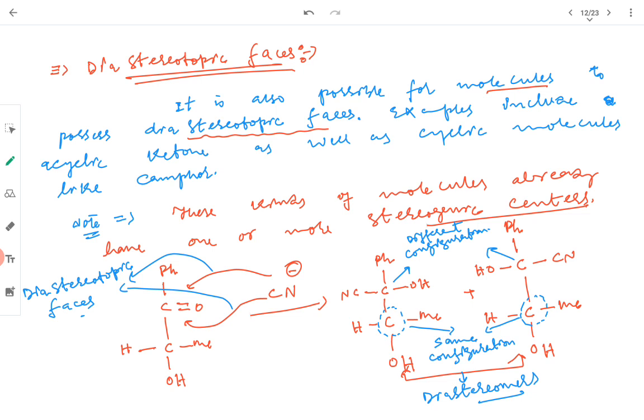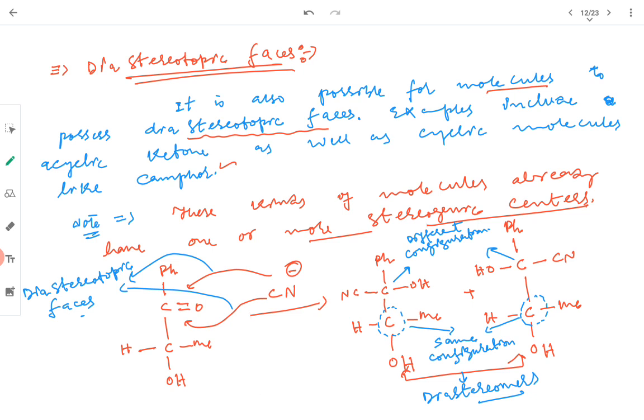It must already have at least one chiral center. Then it can have diastereotopic phases, right? Examples include some cyclic ketones as well as cyclic molecules like camphor. These kinds of molecules already have one or more chiral centers, stereogenic centers. I already told you, this is very important: for diastereotopic atoms or phases, a molecule must already have a chiral center.